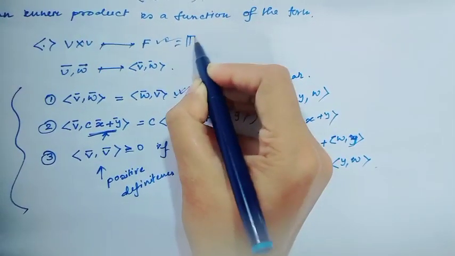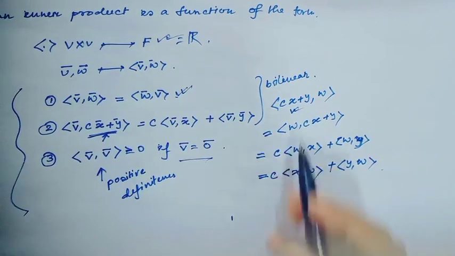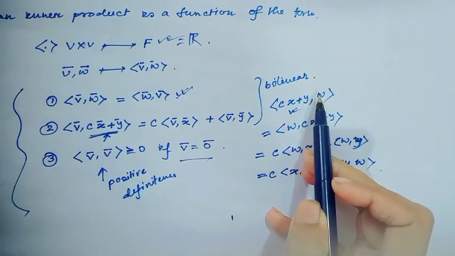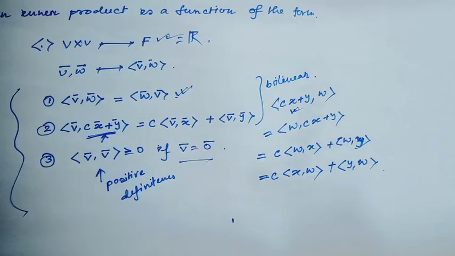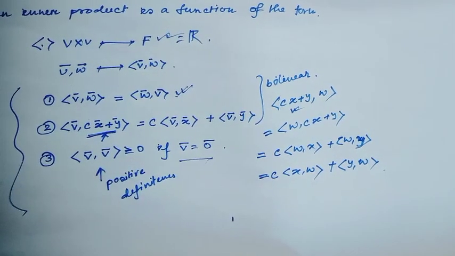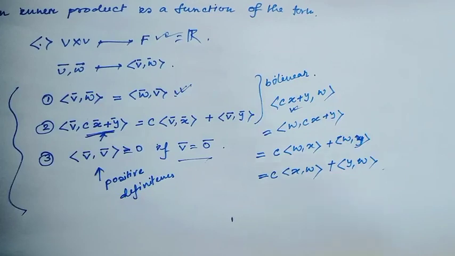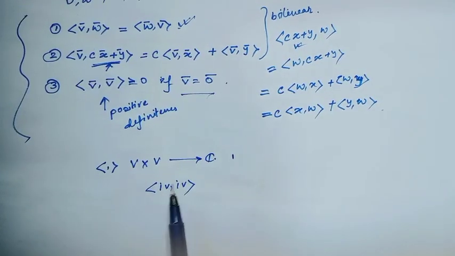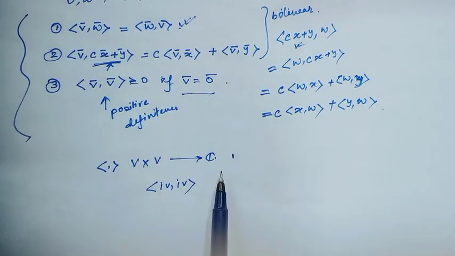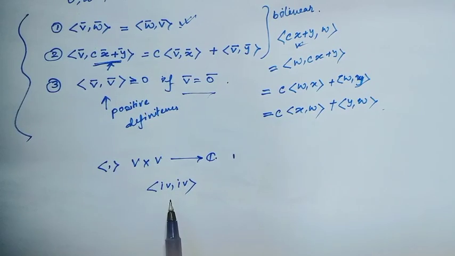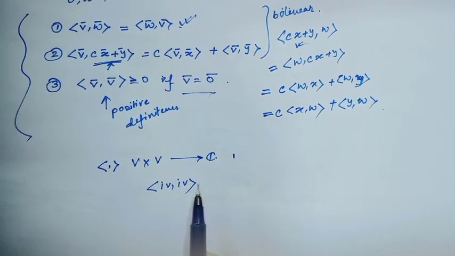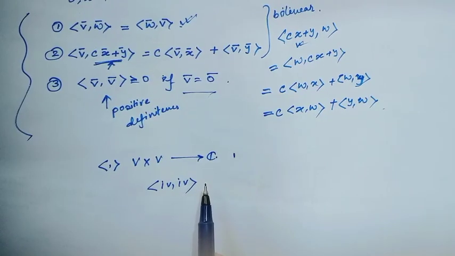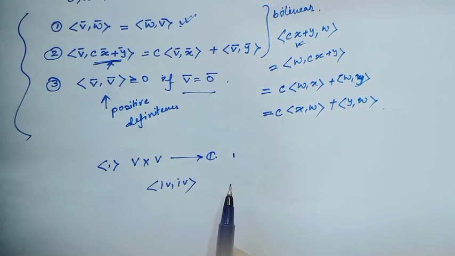but this is true only when the field is the real numbers. When it is the complex numbers, then this is not bilinear. We cannot say this is bilinear, because if we consider the inner product over the complex numbers, from V cross V to the complex numbers, then obviously inner product iV comma iV, by the property of complex numbers, i can be pulled out.